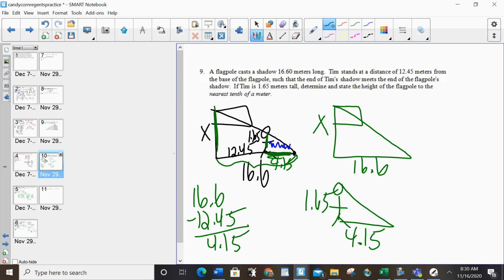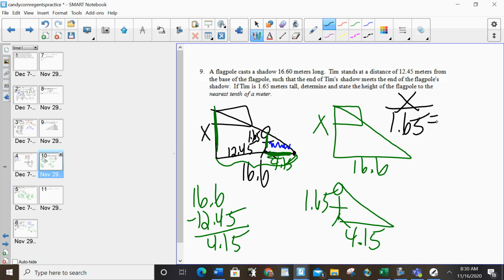Now that I have my proportion, I cross multiply and solve. So why don't you try and finish it on your own at this point? So please pause. Now that you've tried to finish it on your own, I'll go over it, see if you got it right.